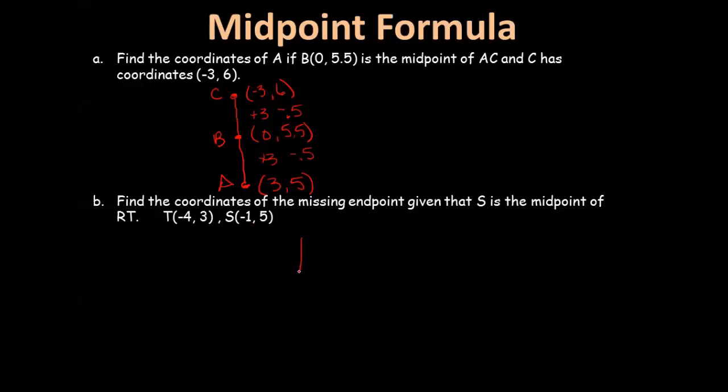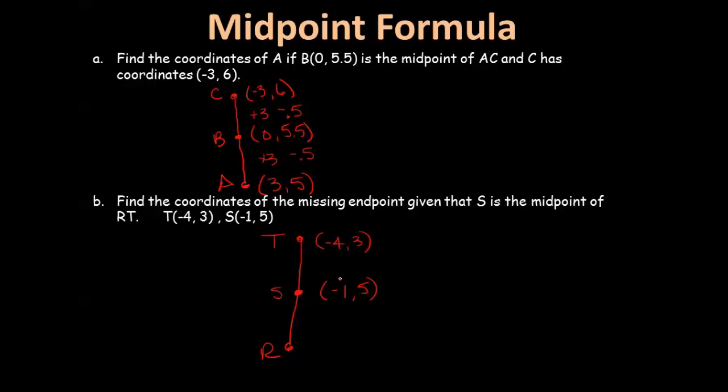You're going to do the same for this problem down here. I got to figure out who's in the middle. Find the coordinates of R if S is in the middle, and they give me T. They tell me that T is -4 and 3, and that S is -1 and 5.